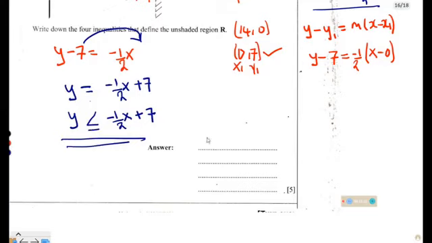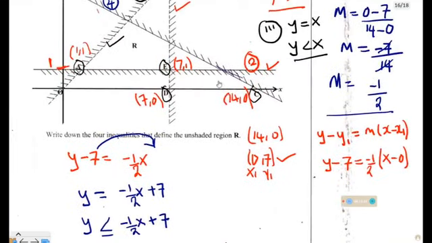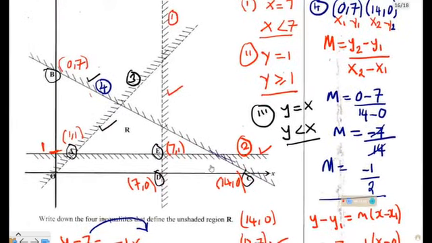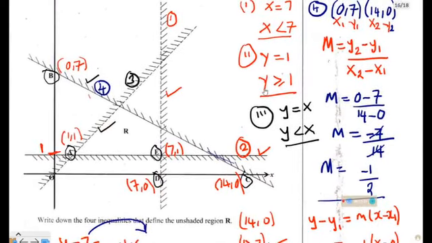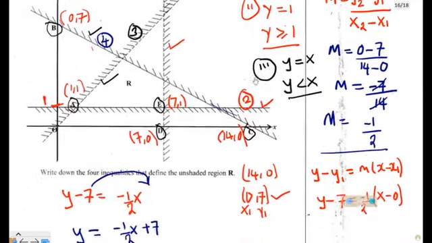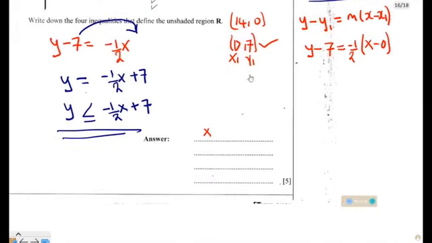On the boxes here, we write our final answers. The first inequalities that we had were x less than 7, y greater than or equal to 1, and y less than x. So just write them here: x less than 7, then y greater than or equal to 1, and y less than x.